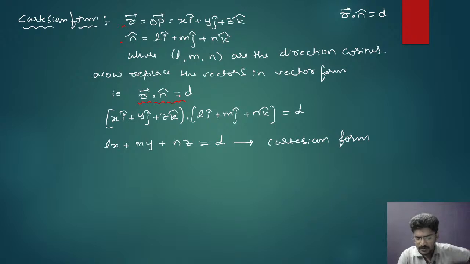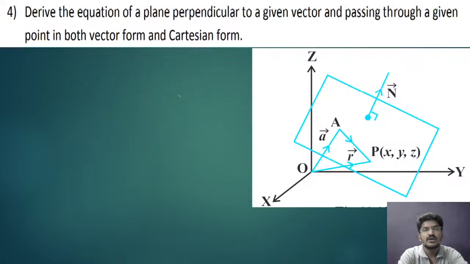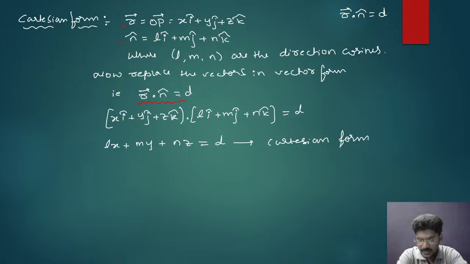So please, all of you tell me, have you understood the theorem? If you understood the theorem, then I can go for the next fourth one. That is, derive the equation of plane perpendicular to the given vector and passing through a given point. So quickly tell me, all of you understood this?